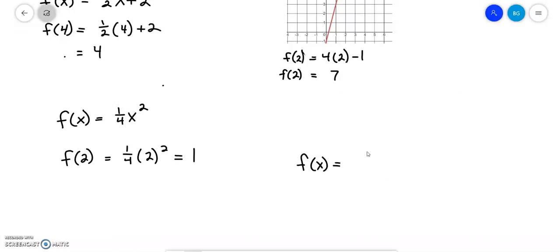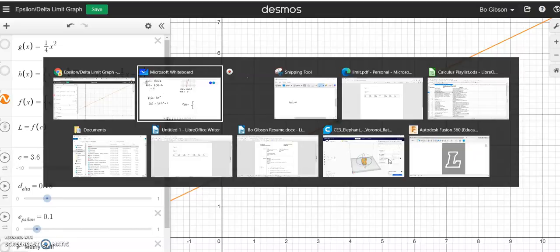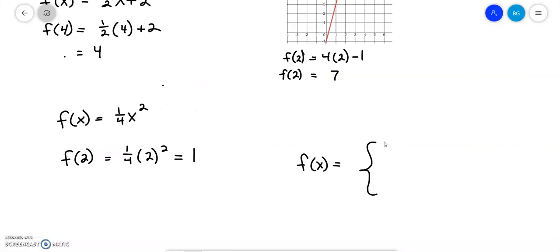It's f of x equals, and now actually I forget the function rule. Looks like 1/2 x plus 2. So it's 1/2 x plus 2 if x is less than 2. It's 1/2 x plus 2 if x is greater than 2.